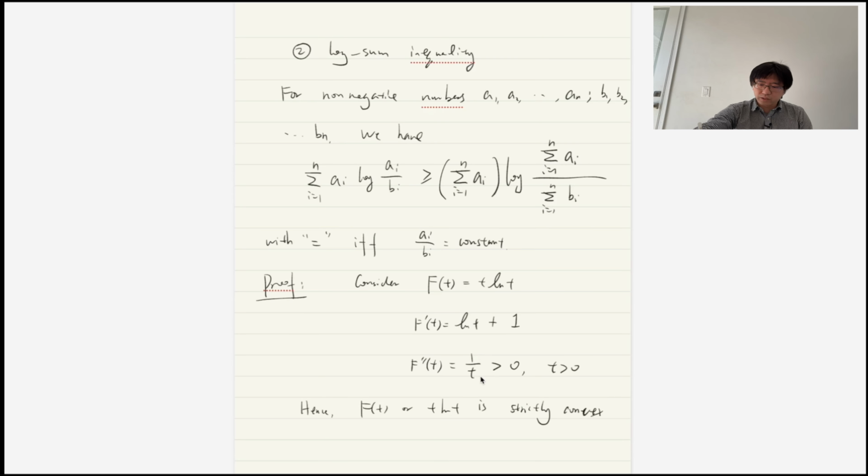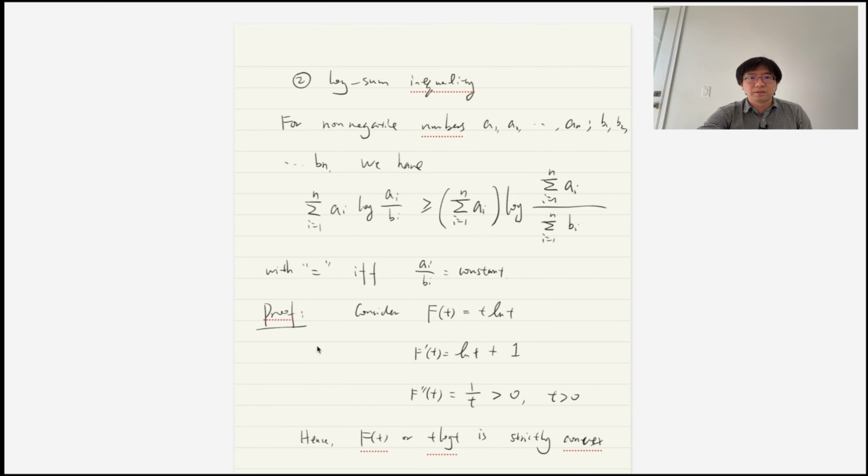Here we can replace this ln by any log, so that will not impact the convexity. Hopefully you are still following. That's basically the function that we're going to use to prove the log sum inequality.